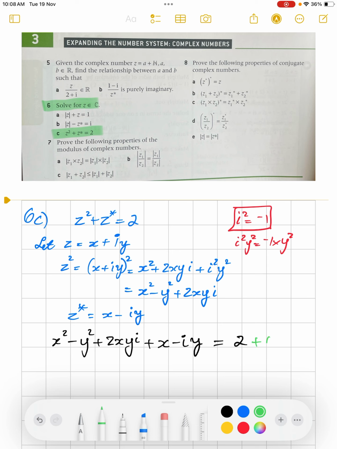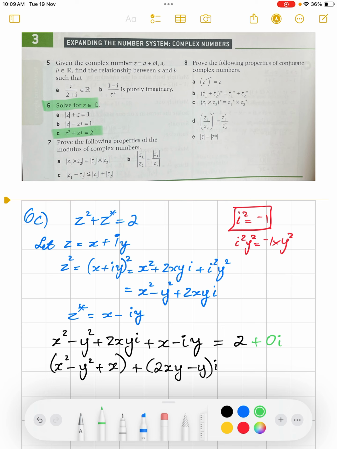There's no imaginary component, so I'll just say 2 plus 0i there. That way we can match the imaginaries. Let's join them: x squared minus y squared plus x, that's the real component.